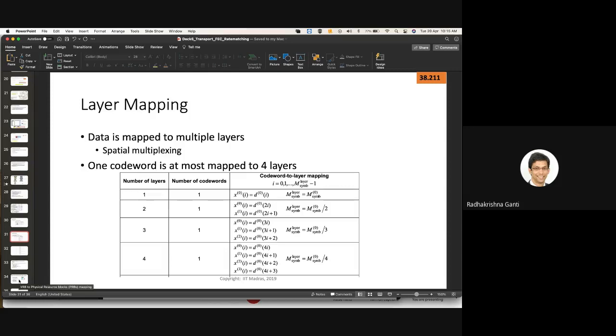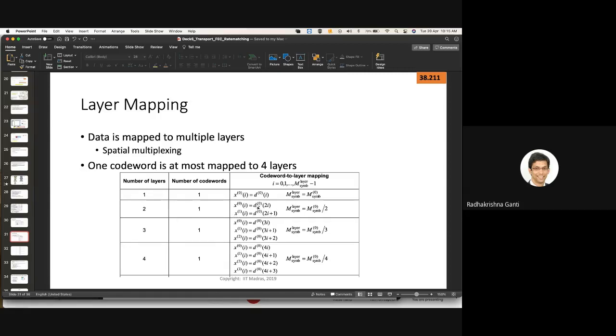What happens if you have one layer and the number of code words is 1? Code word here means the number of transport blocks. The output of the layer mapper is equal to the input. If you have 2 layers, they split the data: the even symbols go in one layer and the odd symbols in the other layer.